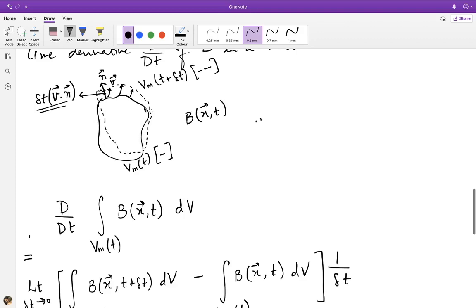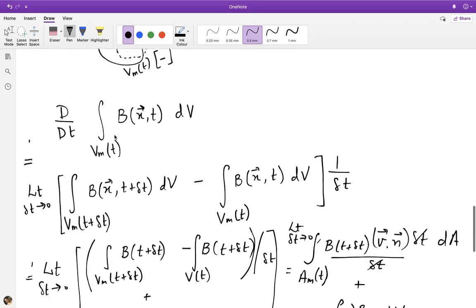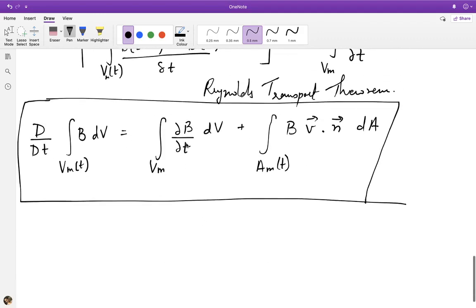Then in terms of that control volume I can calculate the material derivative by taking into account the local changes of b within the volume and the surface flux into that volume due to the velocity component normal to its surface. Of course, in that case, Vm would be replaced by the control volume V, but it doesn't matter because we've taken those volumes to be identical at the given time t.